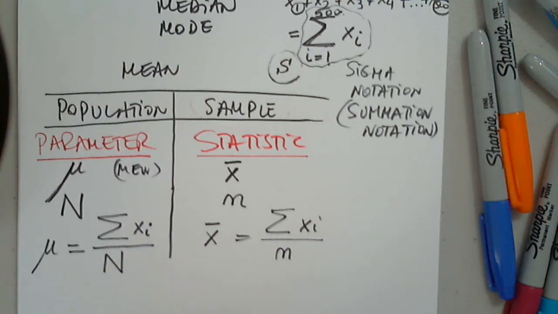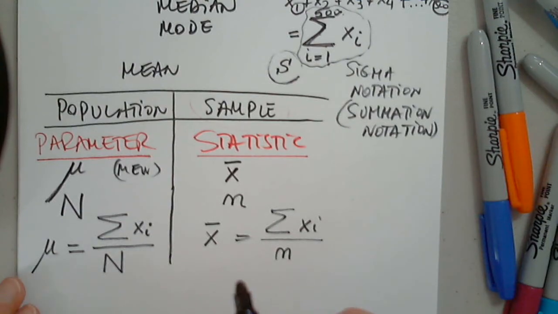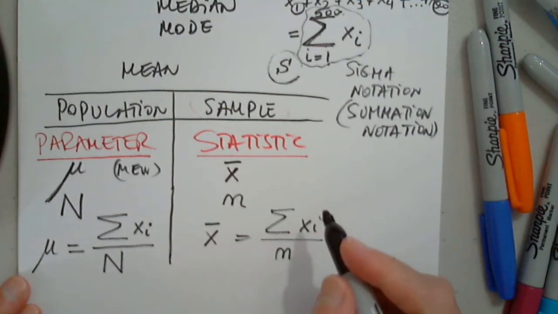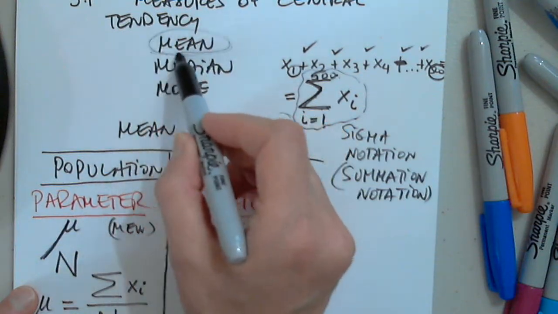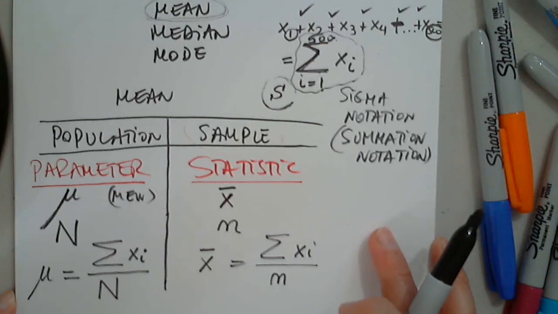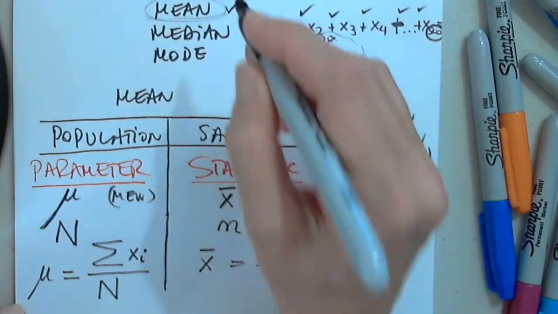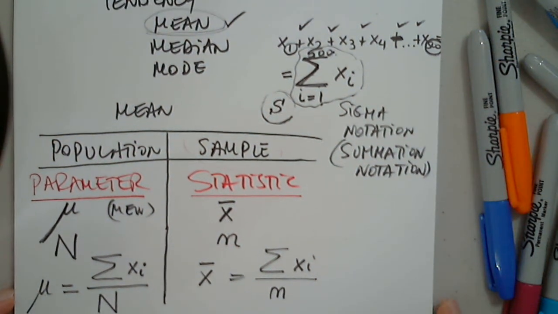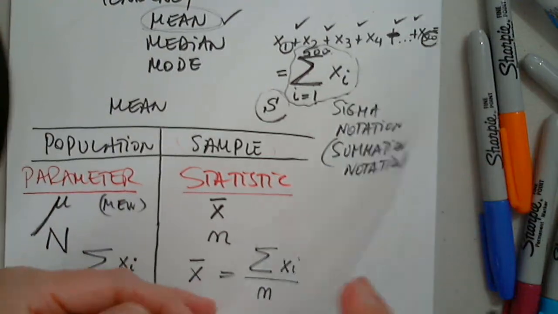Okay, so this is how we calculate the mean. We are going to look at examples in a minute. Now, what does the mean represent? The average, yes, the center of gravity of the data. We always want to know where the mean of the sample is.